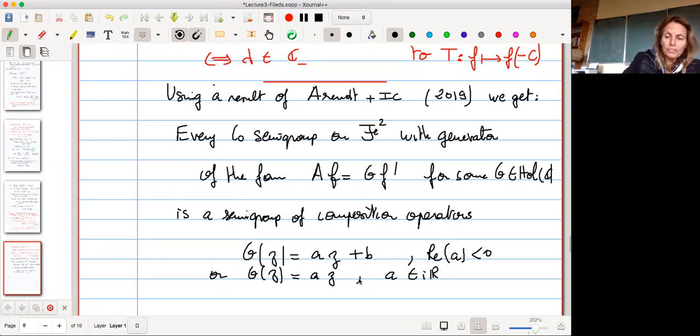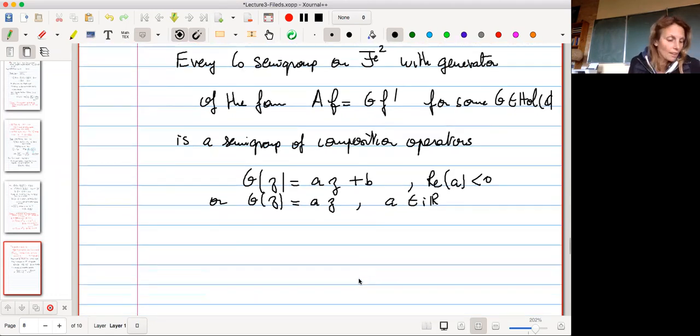And moreover, we can get another characterization of generators of semi-flows generating C0 semigroups of composition operators.